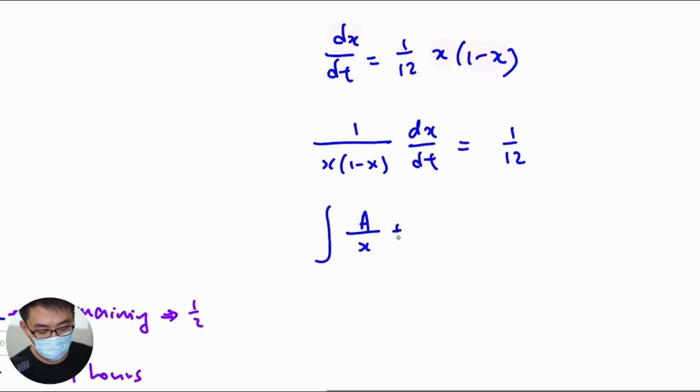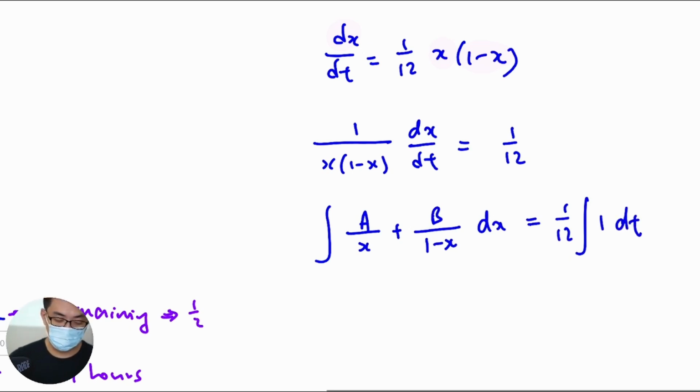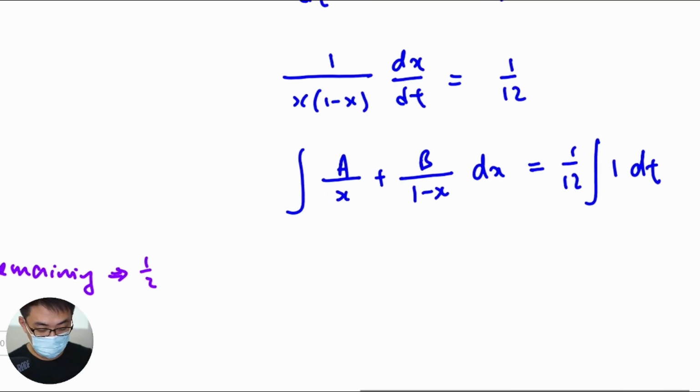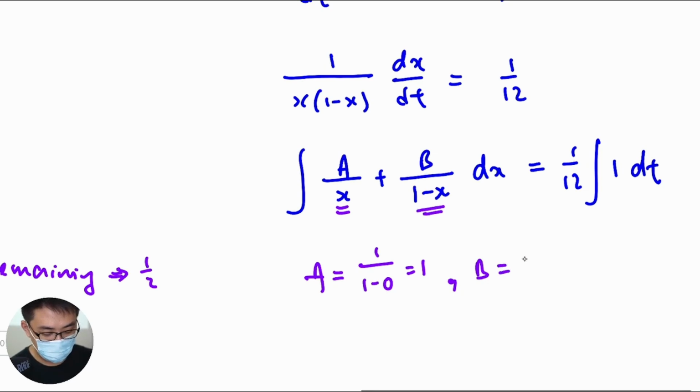I'm going to do partial fractions for this one, but if you don't want to do partial fractions, you can use MF26. Complete the square, use MF26. Okay, but I'm lazy, so partial fractions. In this case, I'm going to use the cover-up method. So A is when this is 0, then B is 1. Cover-up method.